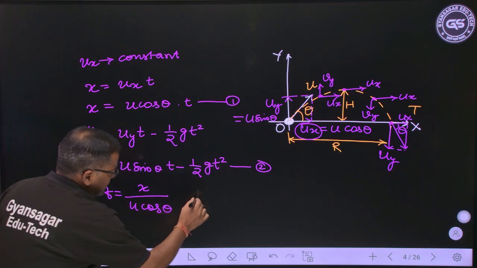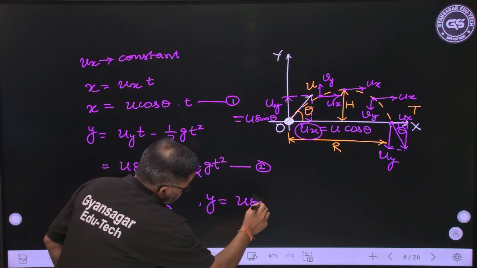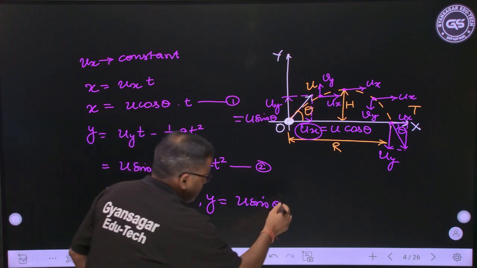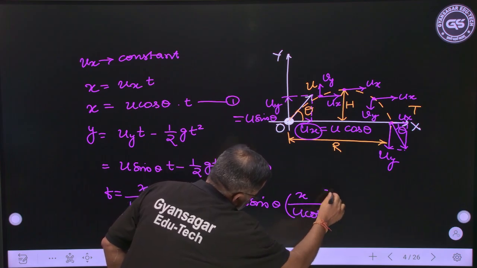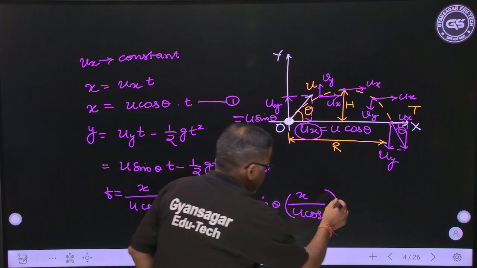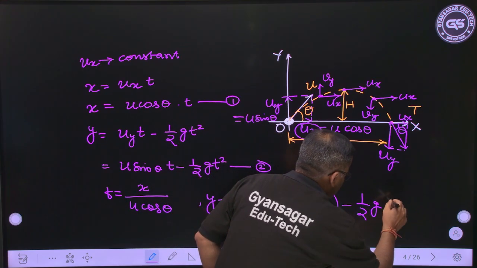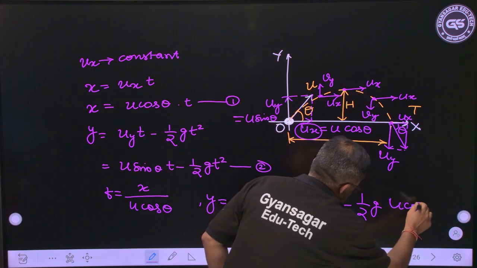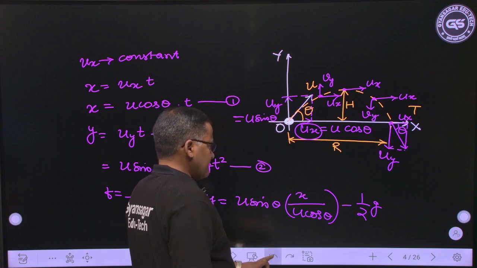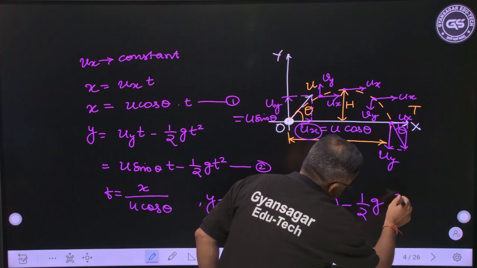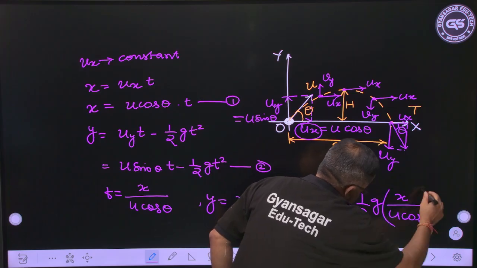So what do we get then? y equal to u sin theta into x upon u cos theta minus half g x upon u cos theta whole square.